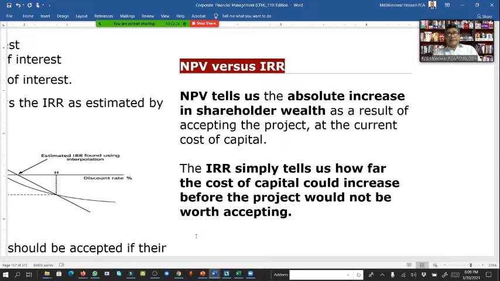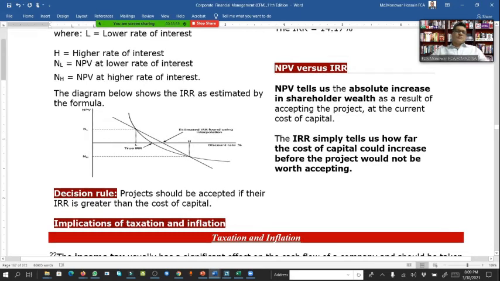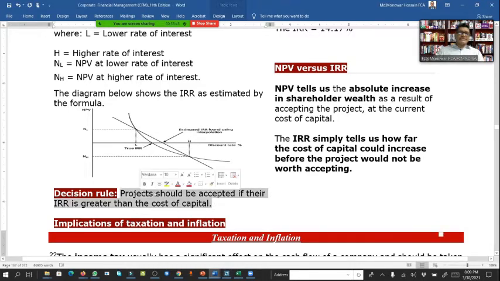The IRR simply tells us how far the cost of capital could increase before the project would not be worth accepting. A project should be accepted if its IRR is greater than the cost of capital. So it is the basic fundamental rule for accepting by IRR. If the IRR is greater than the known cost of capital, then we will take the project.